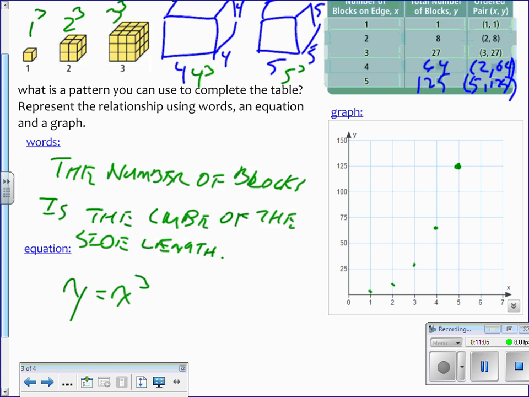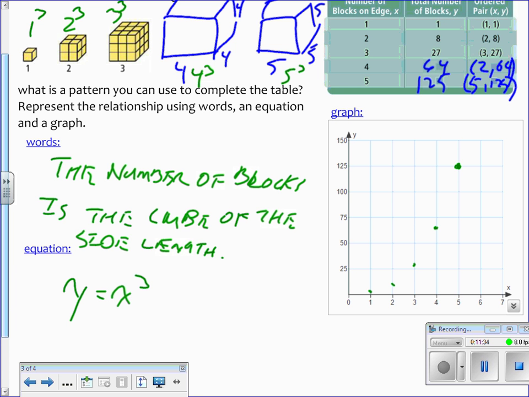And what is 0 cubed? If I have a cube with no blocks making up the side length, how many blocks are in the whole volume? If I have a side length of 0 and a height of 0 and a width of 0, that means there aren't any blocks there, so 0.